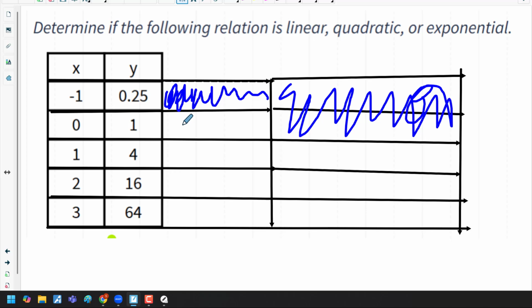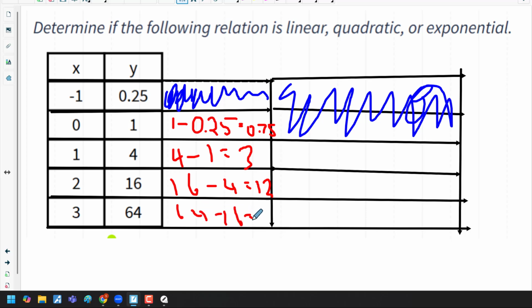How do we do this? You take the number on the bottom, 1, subtract the number from the top. So 1 minus 0.25, which is 0.75. Okay. Then you do 4 minus 1, which is 3. 16 minus 4, which is 12, and then 64 minus 16. Oh man, that's getting very hard to read. But here, 64 minus 16 was it 48? I think.